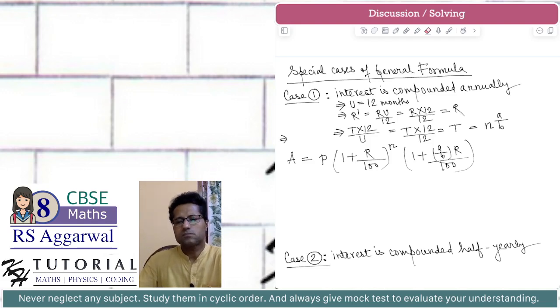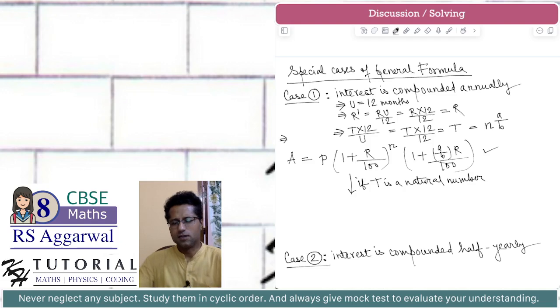Now this formula can be further simplified if the value of t is given as a natural number. So if t is a natural number, that is, it does not have any fractional part, it is a whole number.